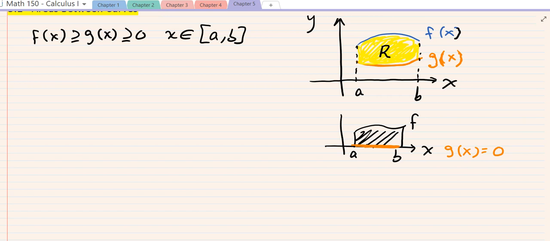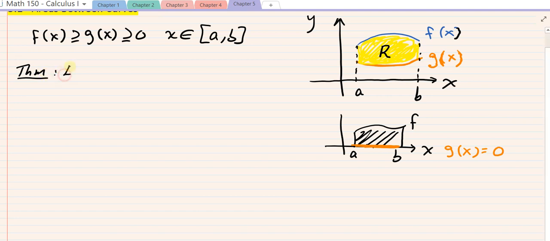It turns out we can define this region R and express its area as a limit of Riemann sums. So let's begin with a theorem. This theorem is actually a definition of the area of a region between two curves.